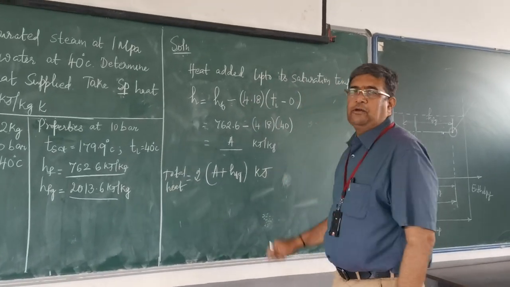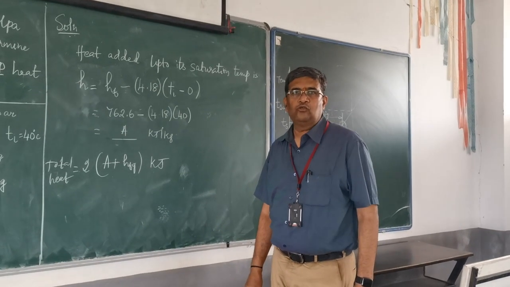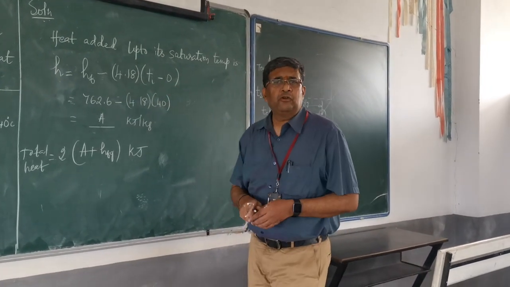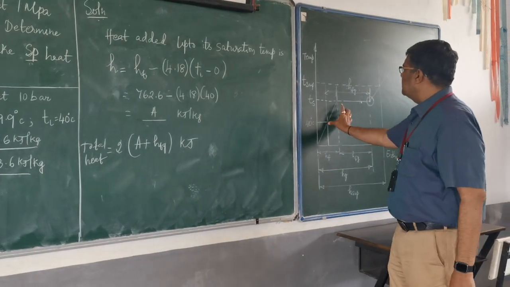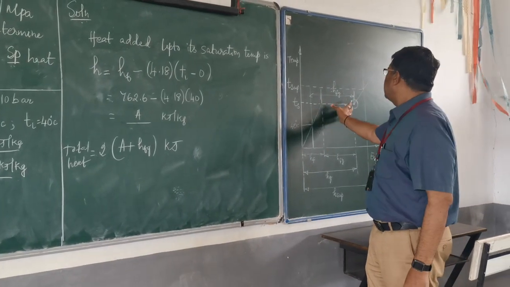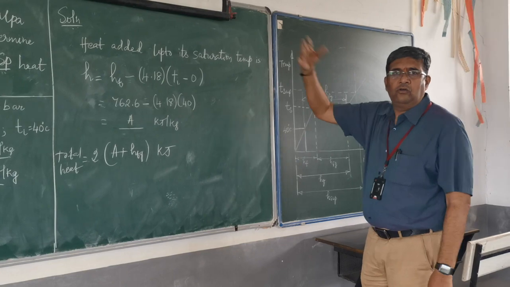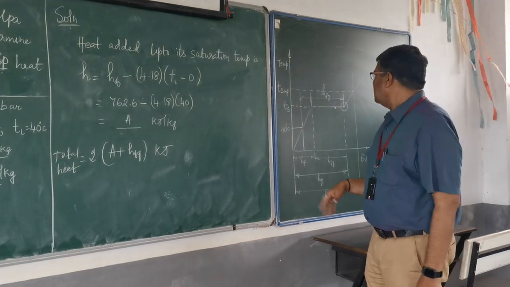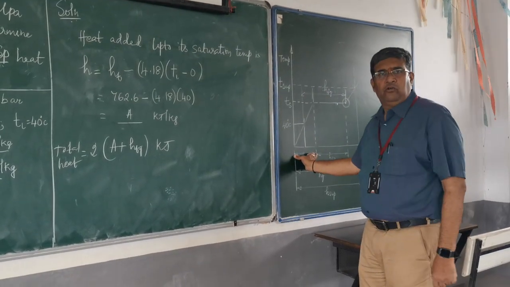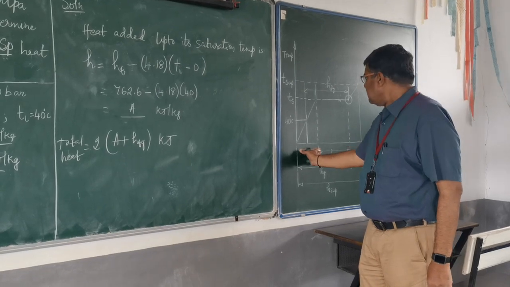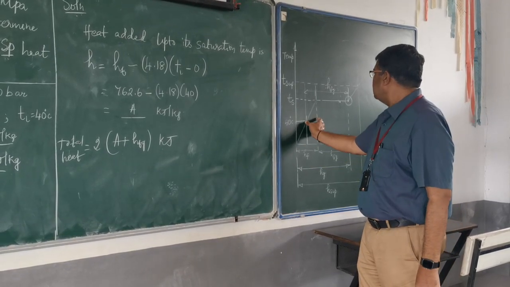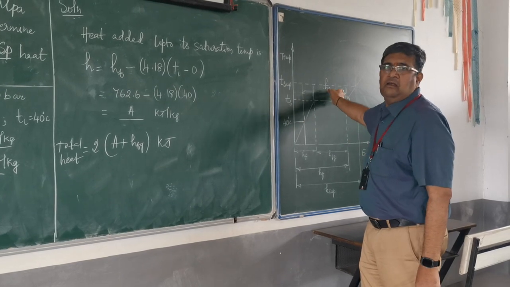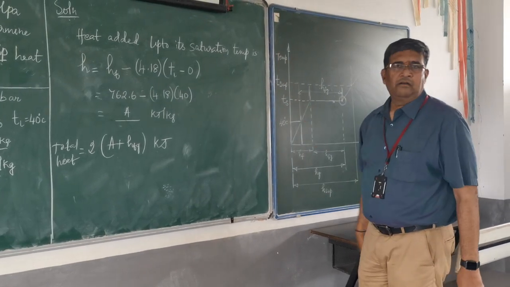Again the units will be only kilojoules, not kilojoules per kg. So this problem you can solve in 2 different ways. One is you can directly find out from here to here how much heat is to be added, and HFG I already know. Or HF I know from the steam table, from that I deduct the initial heat, add HFG, and then multiply by 2 to get the value.